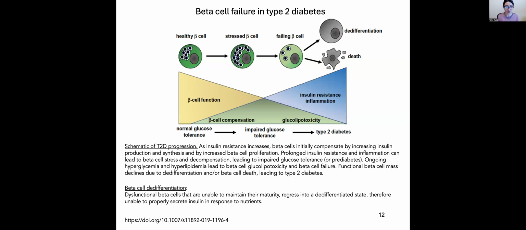These are dysfunctional beta cells that are unable to maintain their maturity, therefore regressing into a dedifferentiated state, like a progenitor state. Therefore, they're unable to properly secrete insulin in response to nutrients. And eventually, those dedifferentiated beta cells undergo apoptosis.